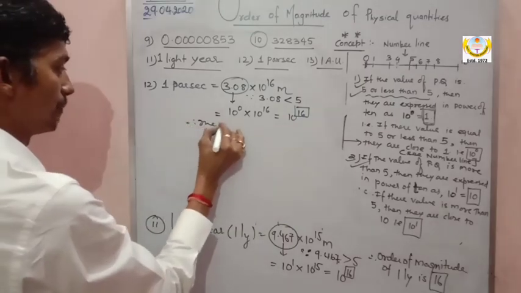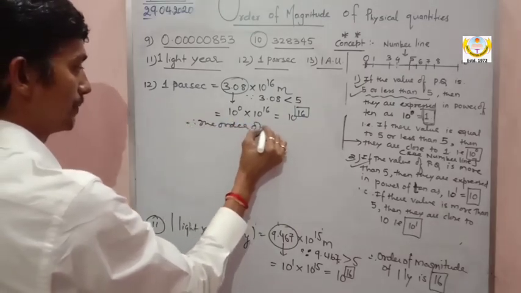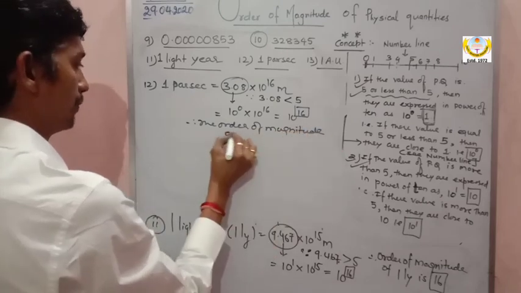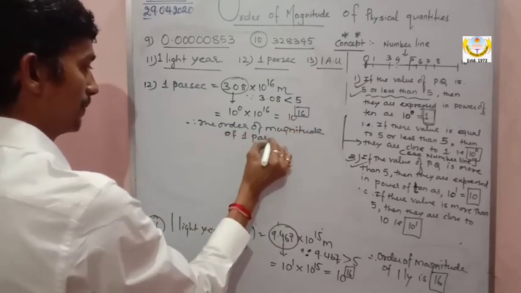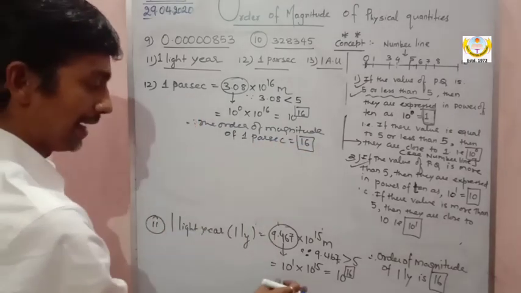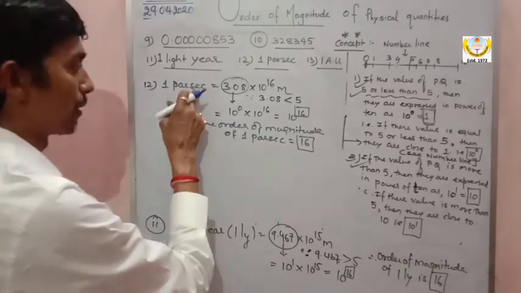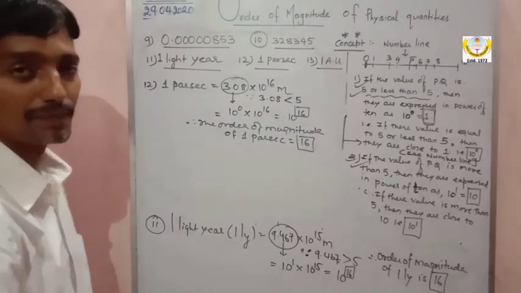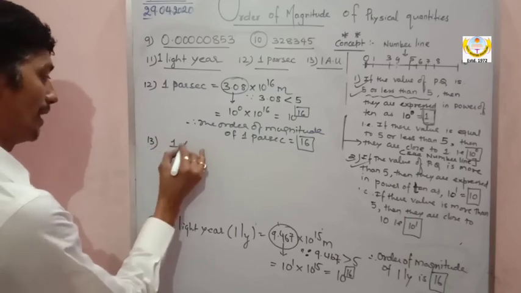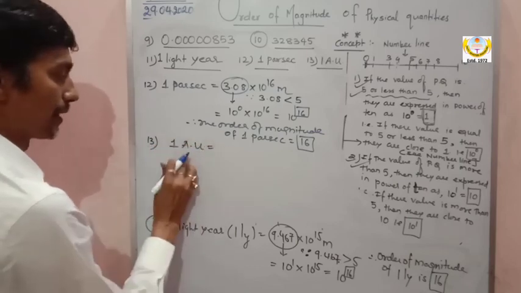Therefore, the order of magnitude of 1 parsec is 16. That is, the order of magnitude of 1 light year and of 1 parsec is the same. Similarly, the last example, 1 AU, 1 astronomical unit.